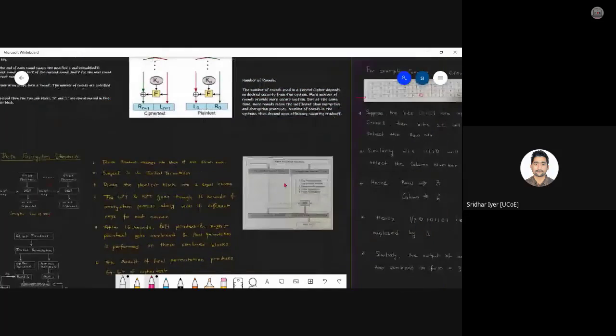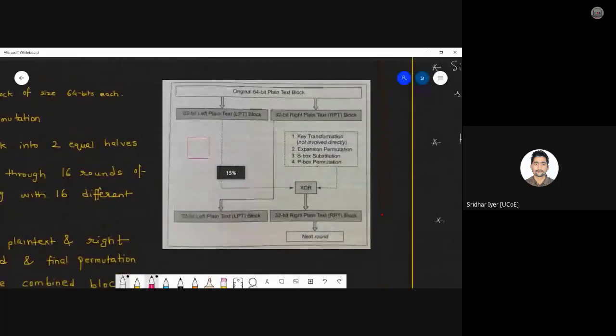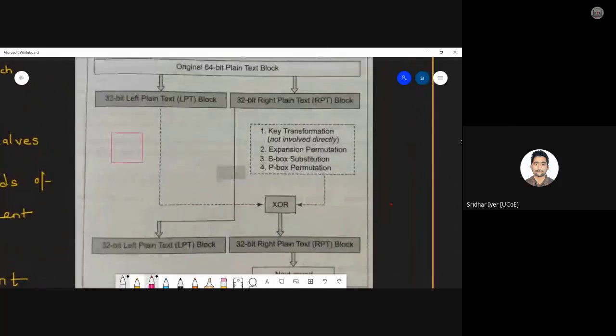And then we saw that the internal rounds of DES consist of these operations. The very first one, let me explain all of this. As you know, the input is the 32-bit plain text, which goes inside the function block. So basically, these four operations happen inside the function block. The very first step is key transformation.